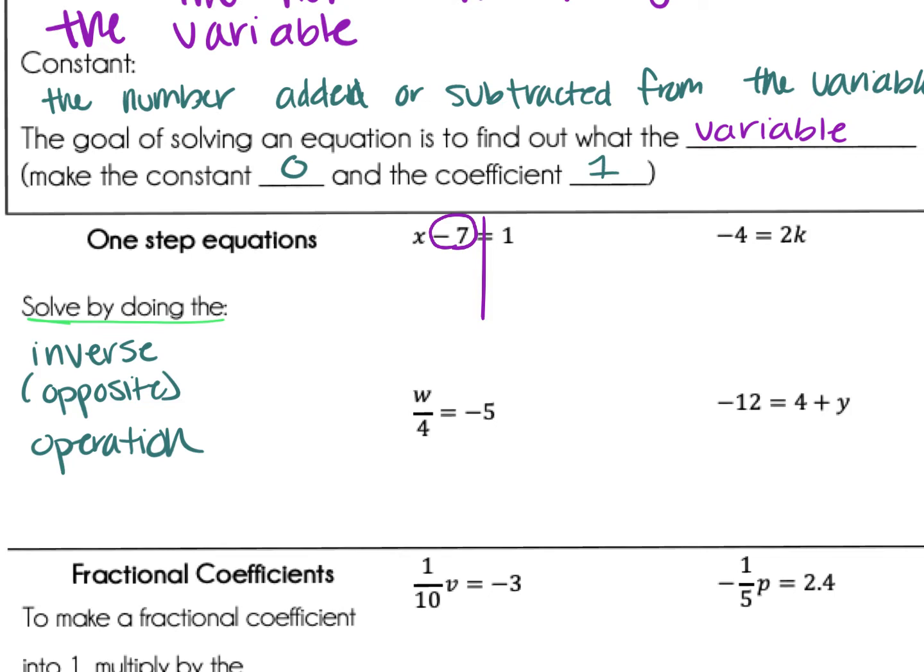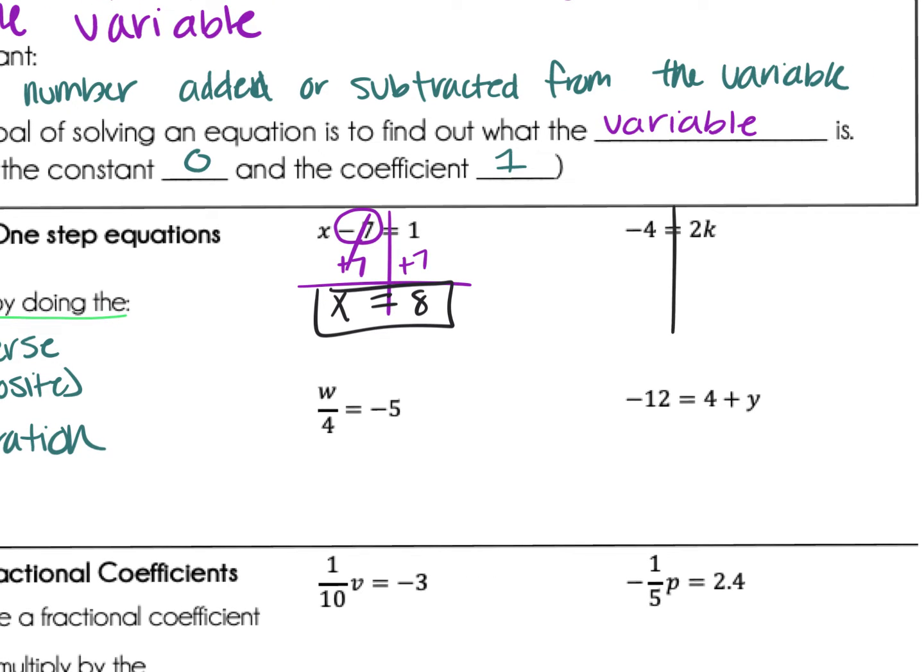So I'm going to undo my constant first. The opposite of subtracting 7, the inverse operation, is adding 7. What I do on the side of the variable, I have to do on the other side. So negative 7 plus 7 is 0, so those go away. I'm left with x equals 1 plus 7 is 8.